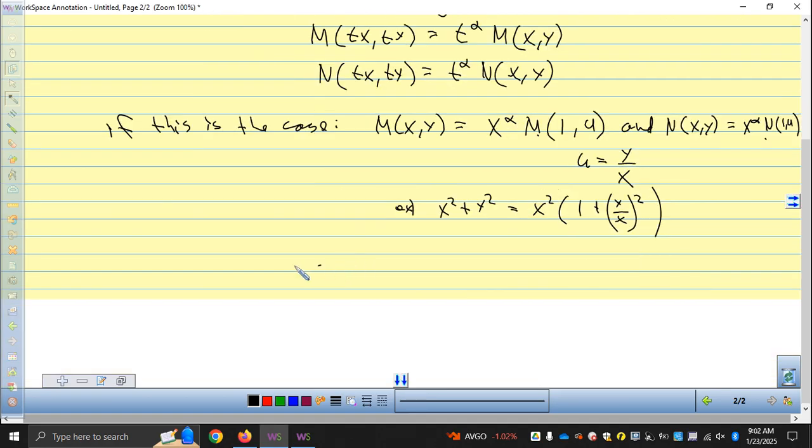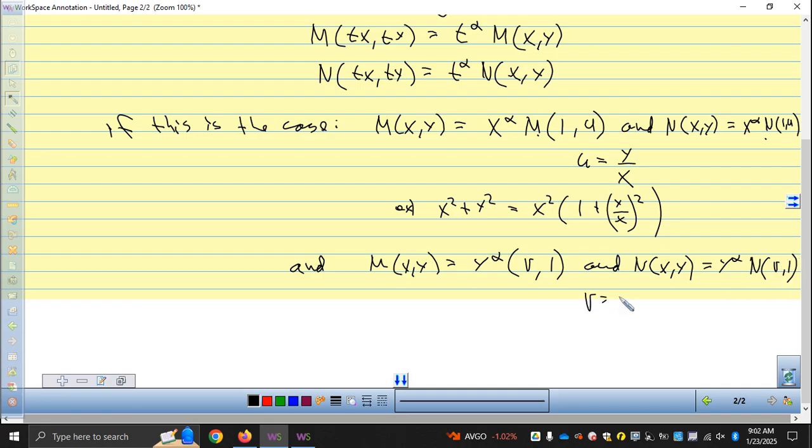And similarly, we could say M of x, y equals y to the alpha M of v, 1, and N of x, y equals y to the alpha N of v, 1, where v is x over y.